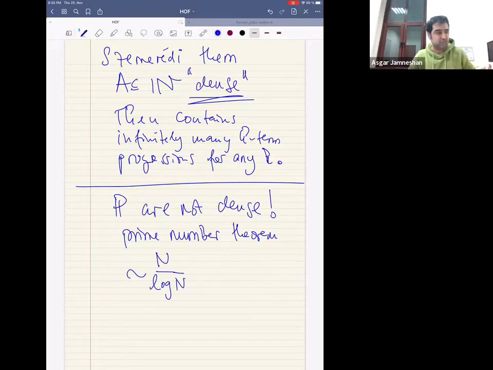If you take the reciprocal, if you divide this by n, then this will go to 0. So the primes are not dense, but there is a famous result, as I said at the beginning, which says that the primes also contain arithmetic progressions.